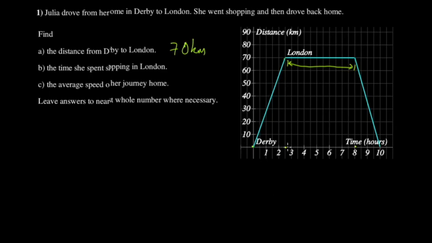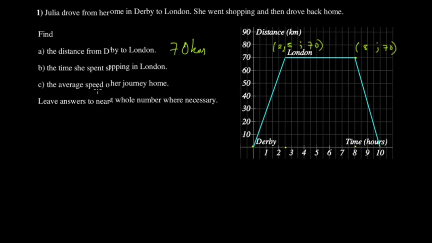So you can write the coordinates: this part here would be (2.5, 70), and this part here would be (8, 70) again.